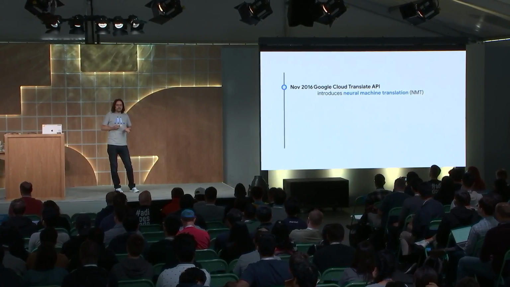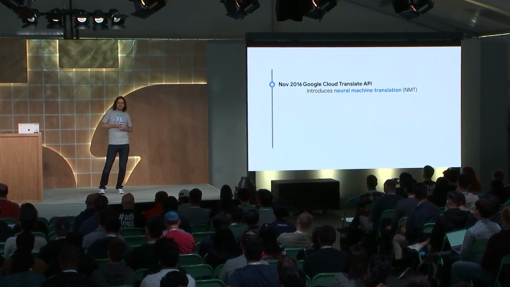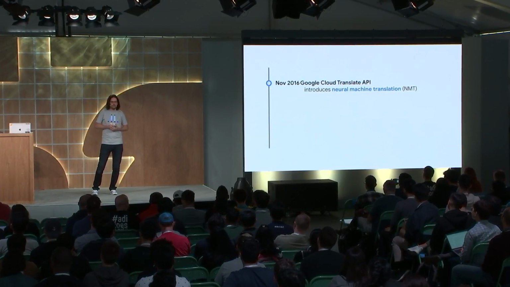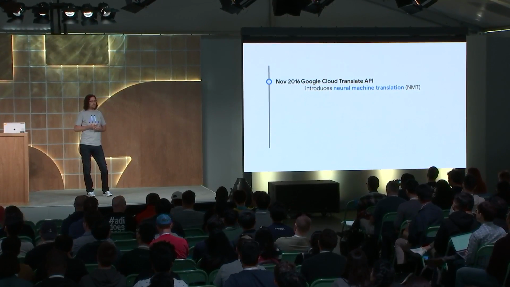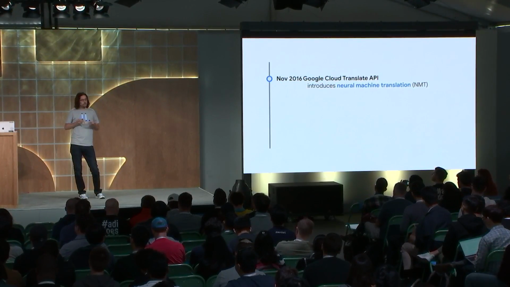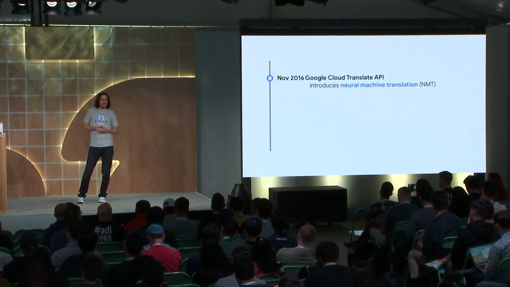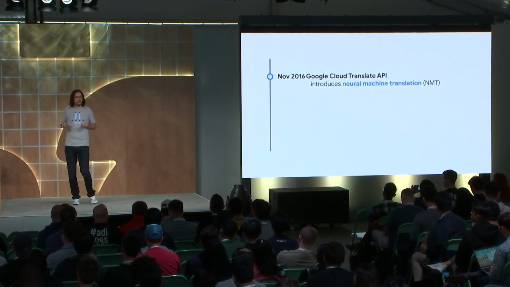Now, mobile machine learning has not been applied to language translation for a long time. We only introduced neural machine translation models at the end of 2016. But this led to a huge boost in translation quality. And this was also available to you. We provided the Google Cloud Translate API that allows you to integrate translation into your apps.